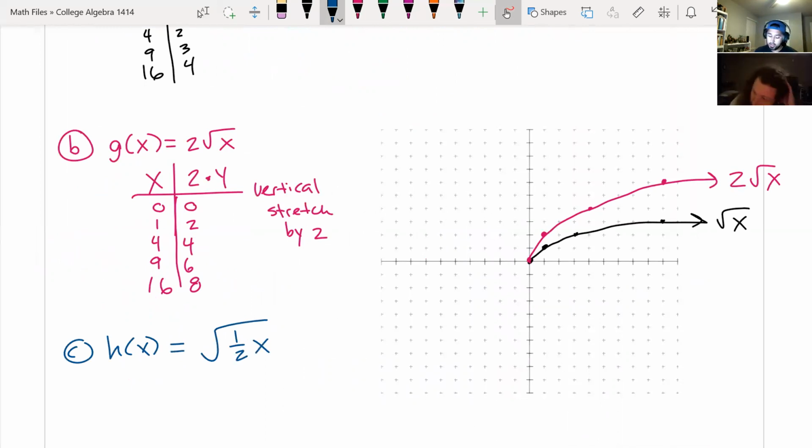So now the number inside is between 0 and 1, which means that this is going to be a horizontal stretch. But remember, for horizontal transformations, we always think opposite. So if there's a 1/2 in there, we are going to multiply all our x values by what number?